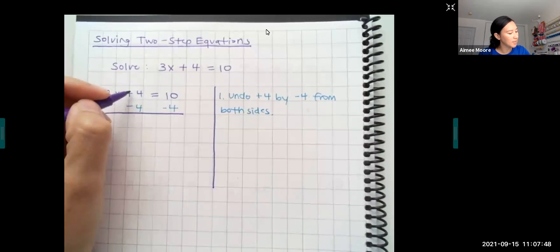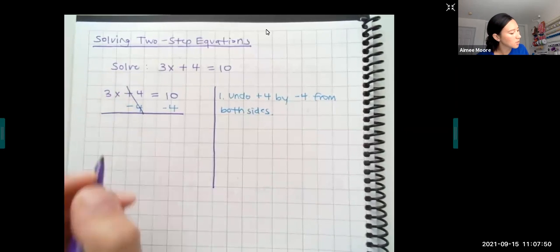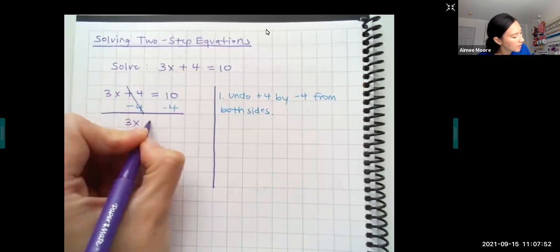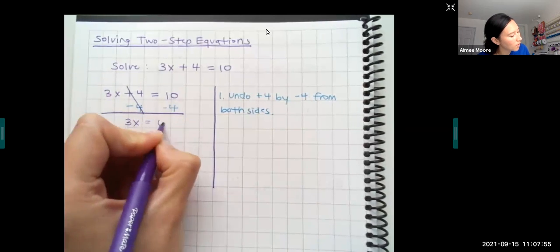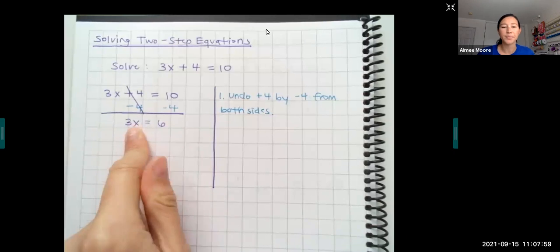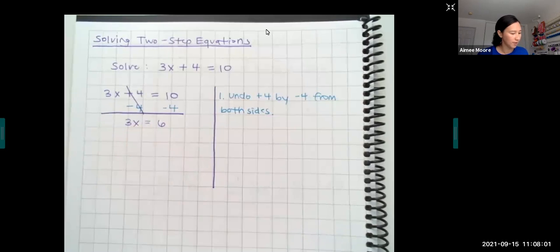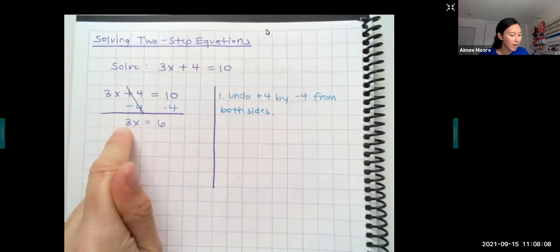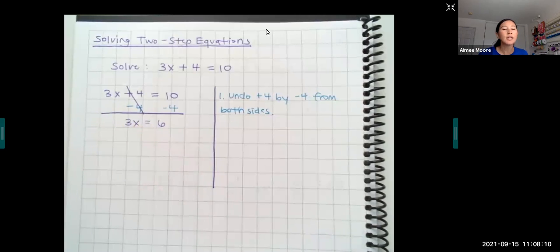And we do that because now we can cross those off and we have 3x equals 10 minus 4, which is 6. We're getting closer to getting x all by itself, or isolating x. But now x is being multiplied by 3. So we need to undo that multiplying.